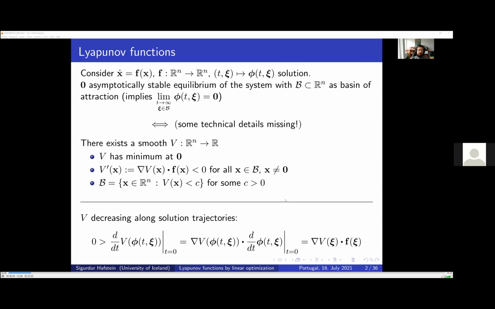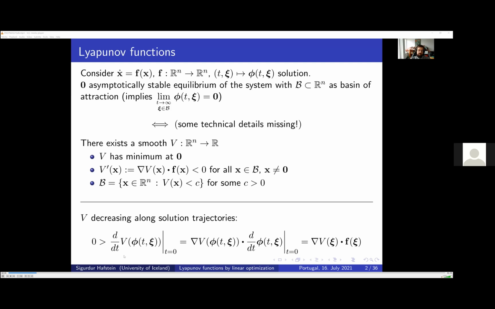The basin of attraction can then be characterized as a sub-level set of this Lyapunov function, this smooth V. This orbital derivative is just a very convenient way to see that V is actually decreasing along all solution trajectories of the system.